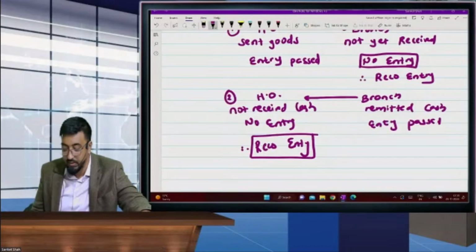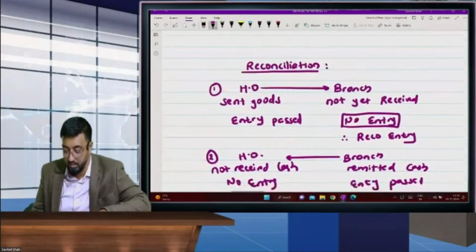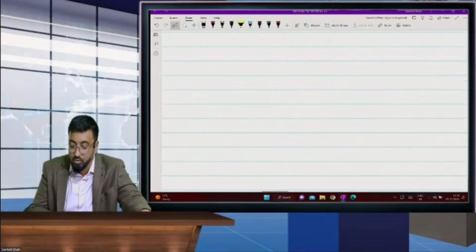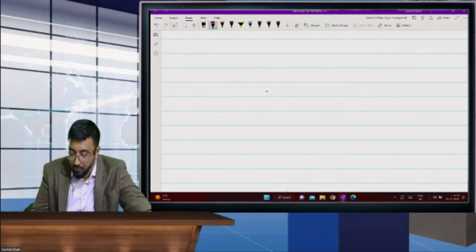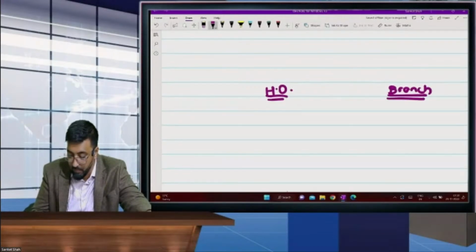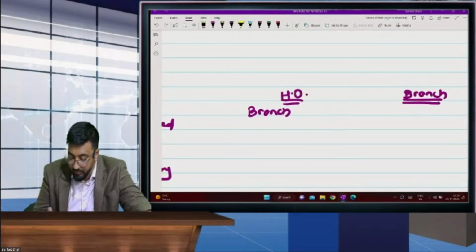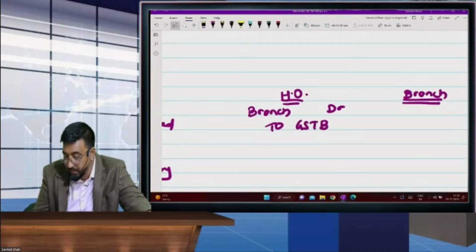Reconciliation means, Kavita, RICO means, good question. RICO means what? Suppose HO sends goods to branch. So HO will pass entry, branch account debit to GSTB. Correct, na beta?